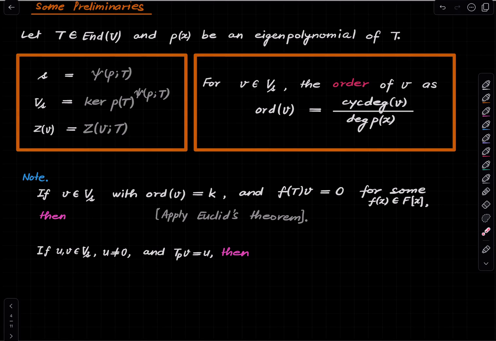Okay. Now, here are two exercises associated with these concepts. For any vector v in Vs, if the order of that is written as k, and suppose there is some polynomial fx such that the corresponding endomorphism kills the vector v, then what we have is px to the power k divides fx.